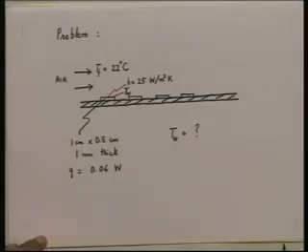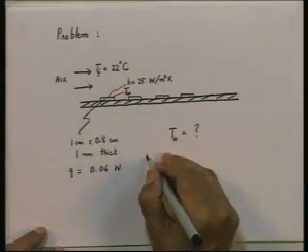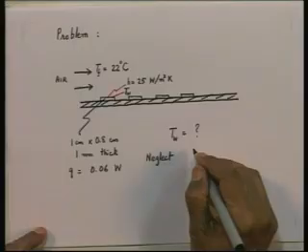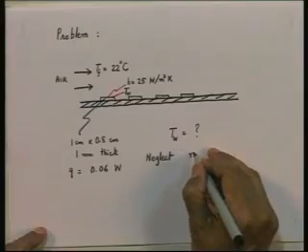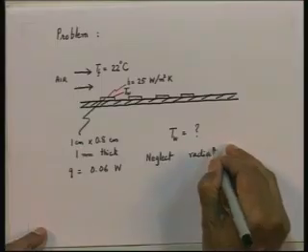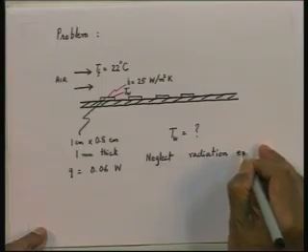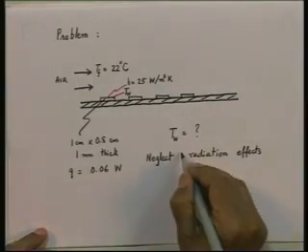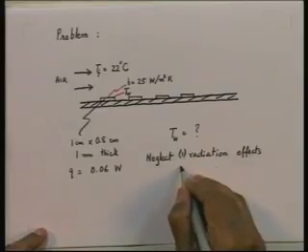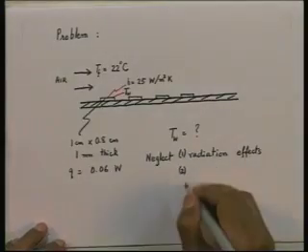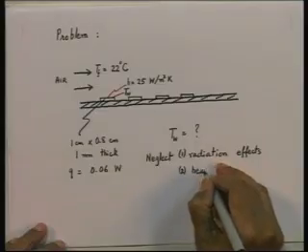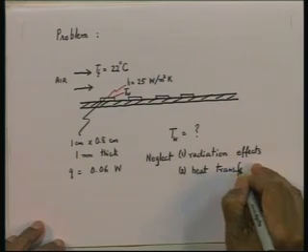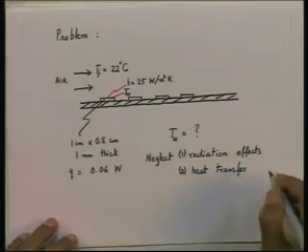You are also told while doing the calculation, neglect effects of radiation, neglect radiation effects, all right. One, that is one thing. Two, neglect heat transfer from the edges of the chips.